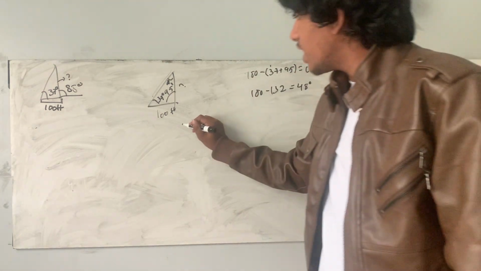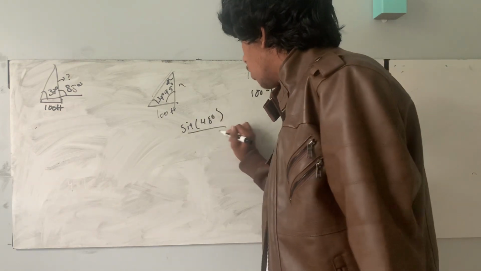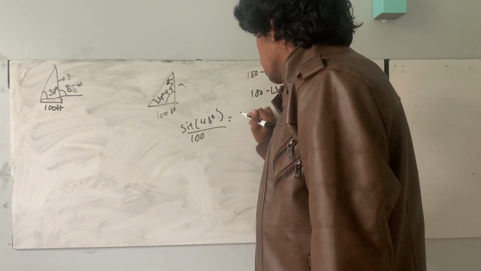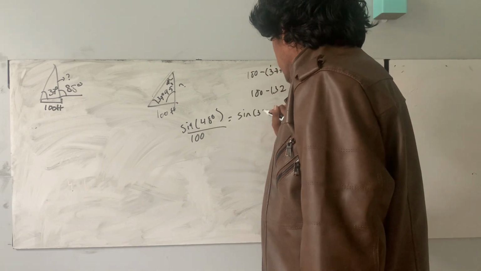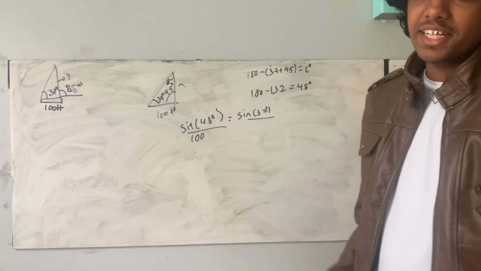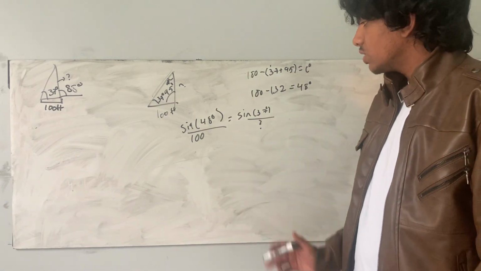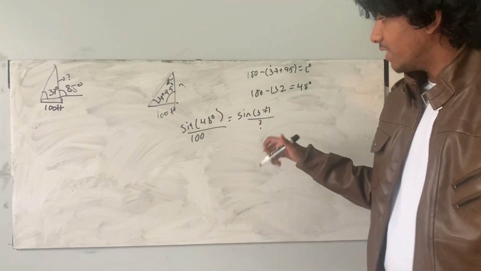We can say that the sine of 48 degrees over 100 feet equals the sine of 37 degrees over, let's just say question mark. So let's cross multiply and divide that sine over.